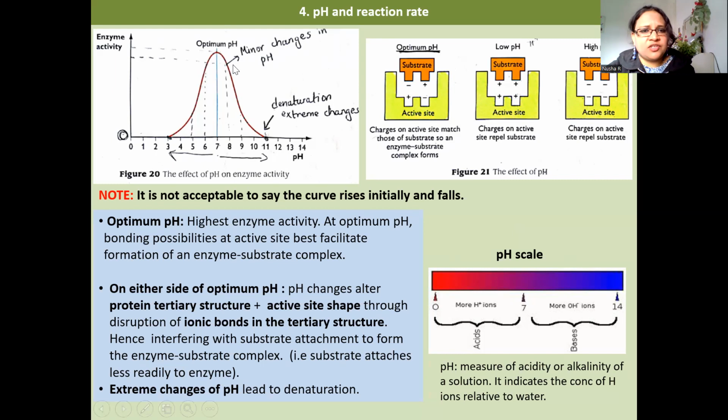So these are minor changes, but bigger changes in pH, really extreme changes of pH, would lead to denaturation. One point worth mentioning is that the term denaturation applies only for extreme changes in pH away from the optimum.